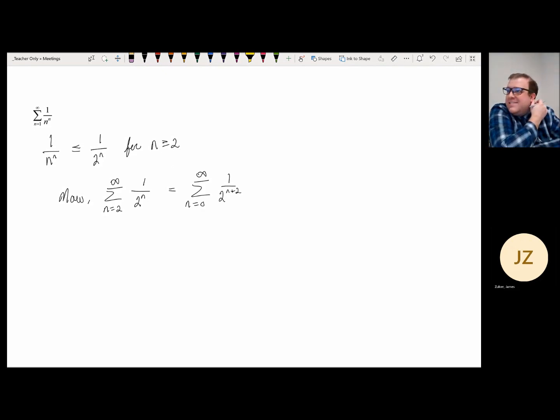So I'm shifting the index down by 2, so I have to replace n with n plus 2 in the actual summation itself. It'd be simpler to just use 1 over n squared, right? Then not have to change indices.